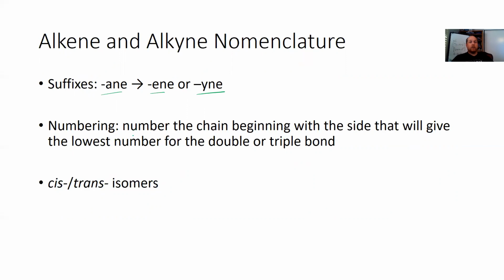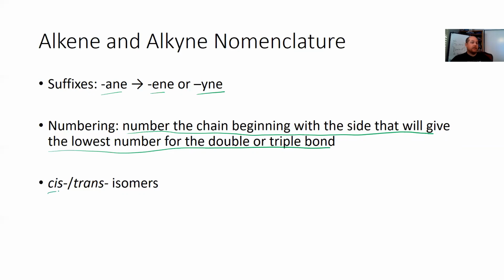When we start numbering, we're going to number the chain beginning with the side that will give the lowest number for the double or triple bond. Whatever side gives the lower number for the double or triple bond is the side we're going to start numbering on, okay?